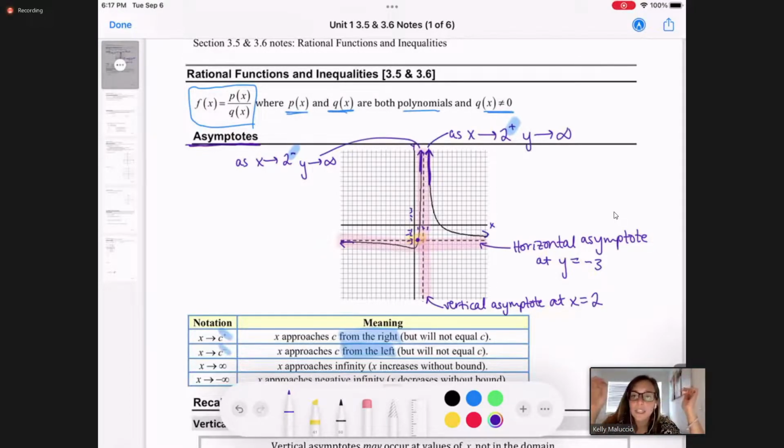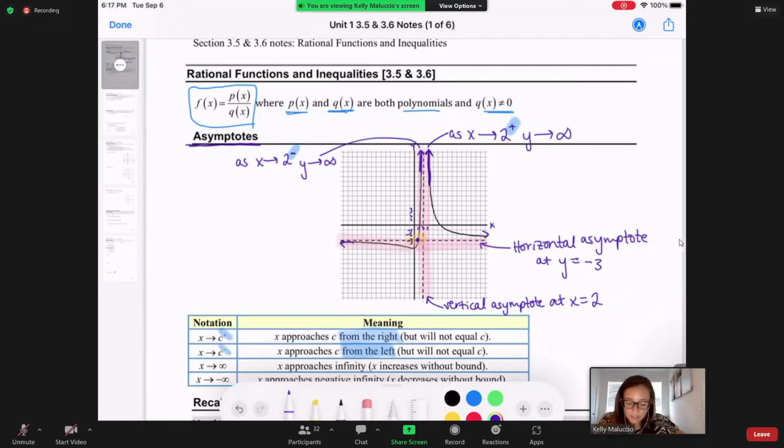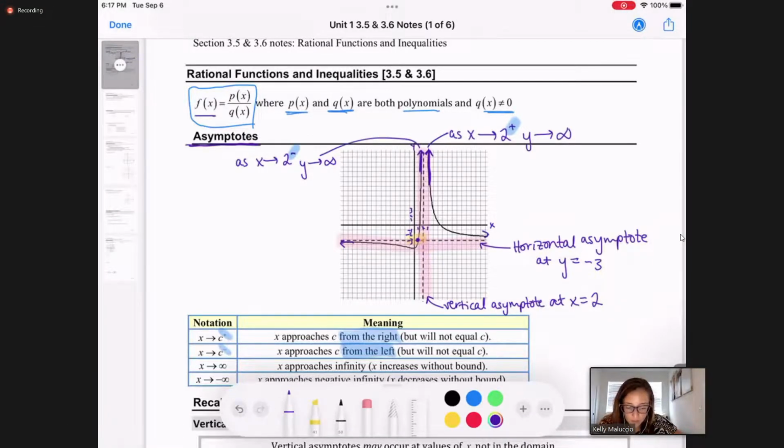The reason that this can happen is, if we call this function f of x, the f of x that we had at the beginning, I'm going to say f can cross a horizontal asymptote. I'm just going to label this as HA.